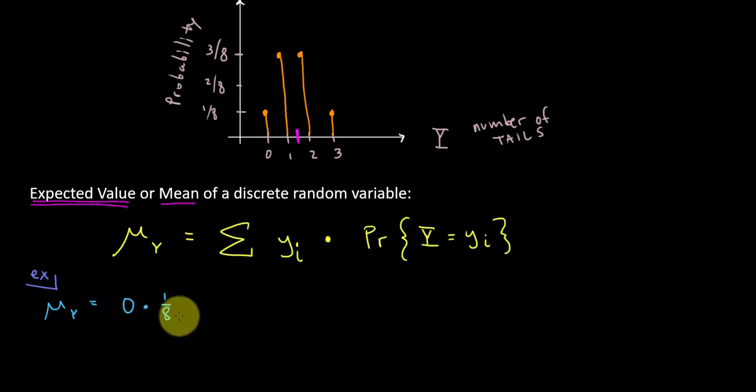That's going to simplify down to a 0, but I want to write it for thoroughness sake. We're going to add 1 tail times its probability of 3/8. Add it up. 2 tails, you also have a 3/8 probability. Last, not least, 3 tails, probability 1/8.